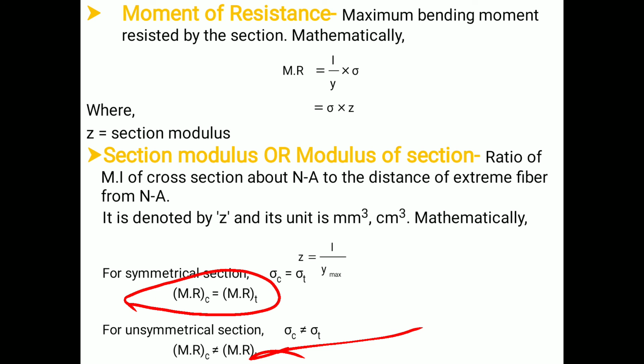That is, sigma c is not equal to sigma t, because for an unsymmetrical section the position of the neutral axis changes, and as it changes, the value of stress also changes.